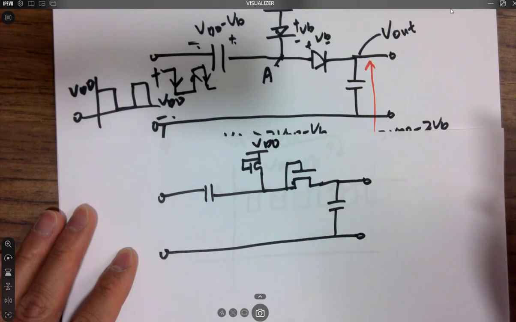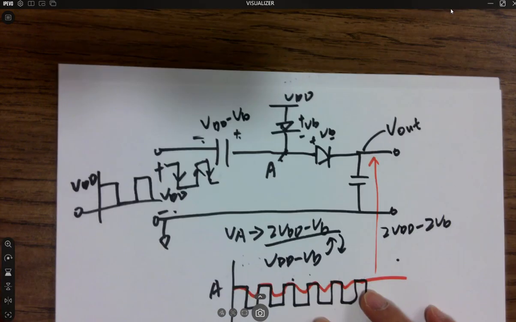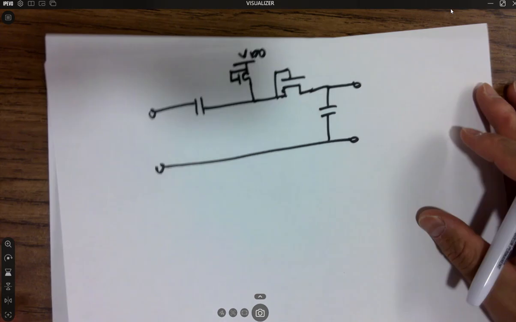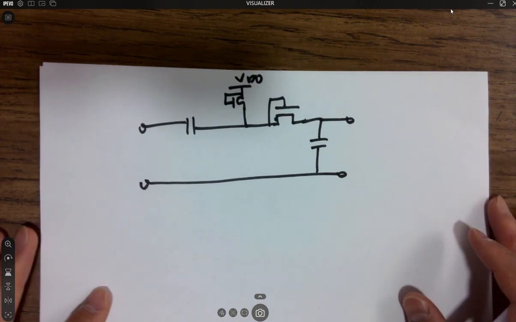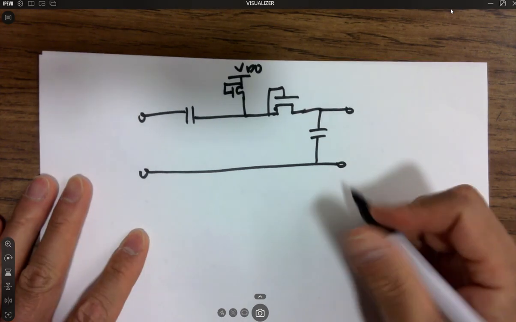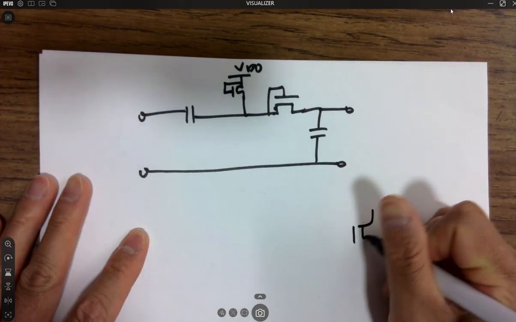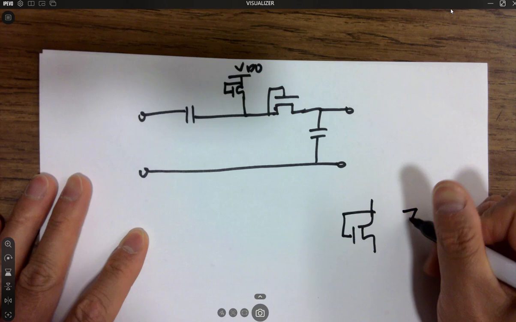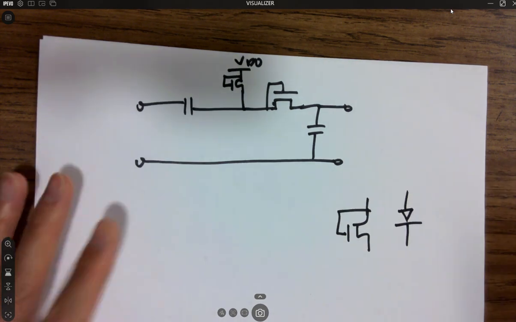And this looks very similar to the one I gave to you, right? So the circuit on the paper. And why can this circuit serve as a diode? Why are they very similar?